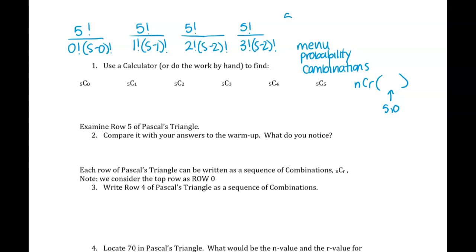And then 5C4 was 5 factorial over 4 factorial times 5 minus 4 factorial. Okay, so our values, either simplifying that way or using your calculator, are 1, 5, 10, 10, 5, 1.